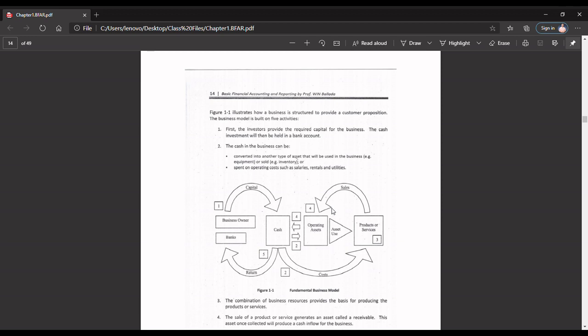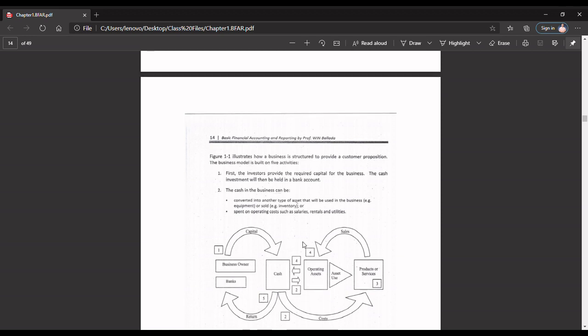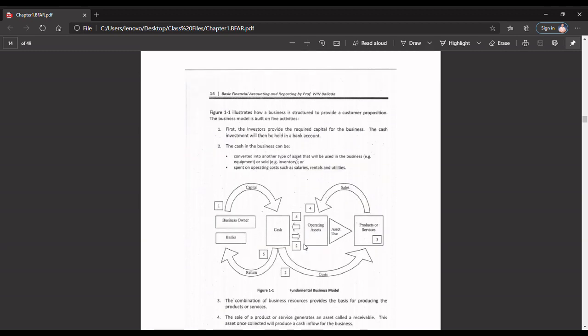So from those receivables, we collect cash. We collect cash, and from that cash again, it is either put as cost for products or services or kept in banks. And the cycle continues, which is the definition of the fundamental business model.